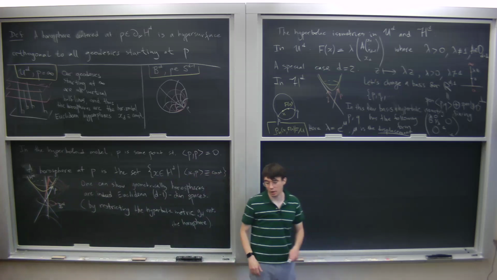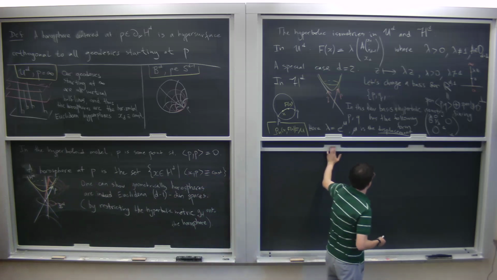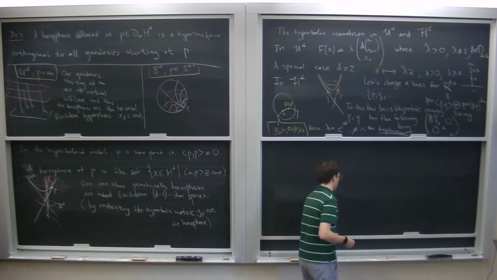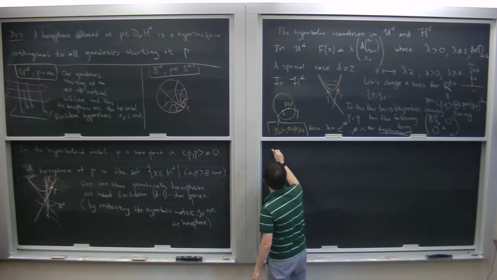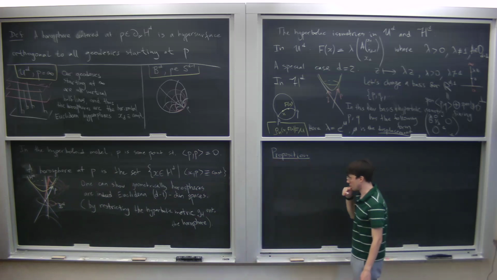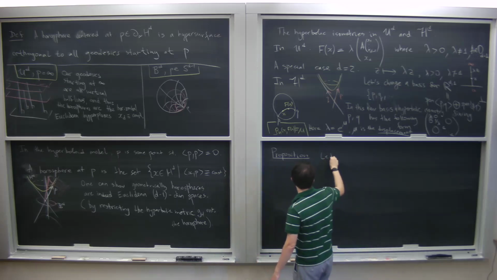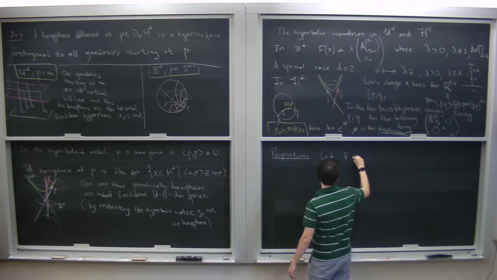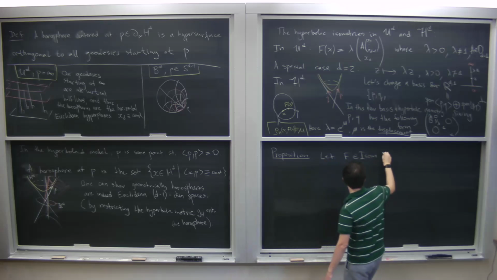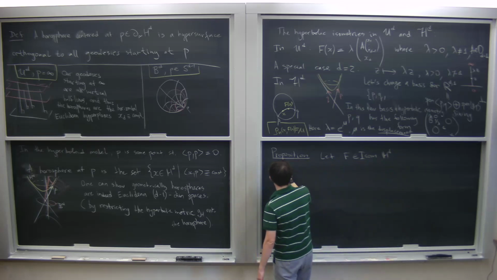Okay, before we start the discussion of discrete groups of isometries, I also want to give you the following proposition. Let F be an isometry of the hyperbolic space, then the following holds.